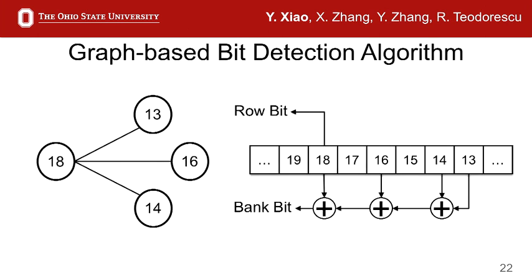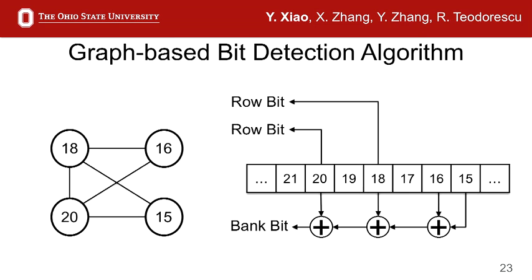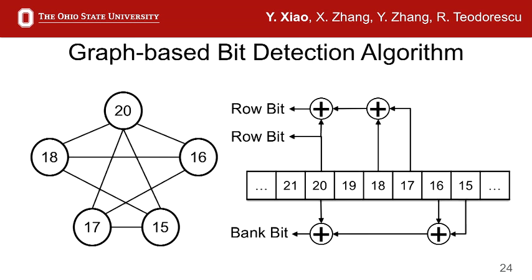There exist more complicated mapping schemes involving multiple XORs. In these cases, our graph-based bit detection algorithm is required to decode them. On the right are the schemes, and on the left are the corresponding graphs. However, there's not enough time to cover them all, so please refer to our paper for more details.